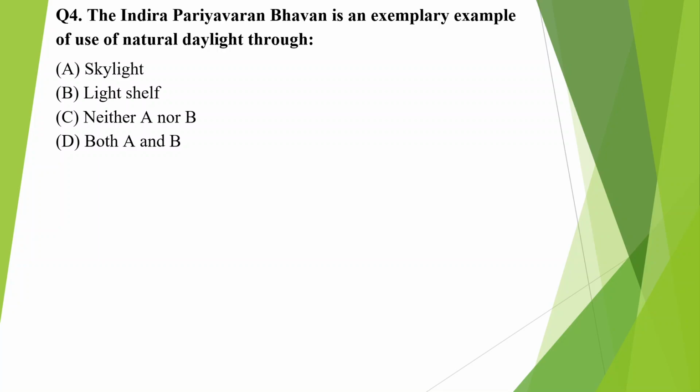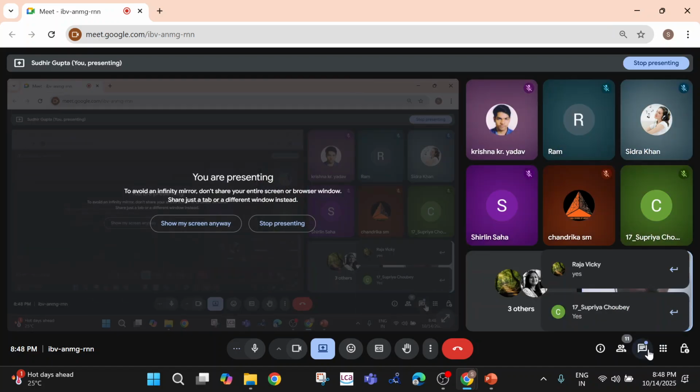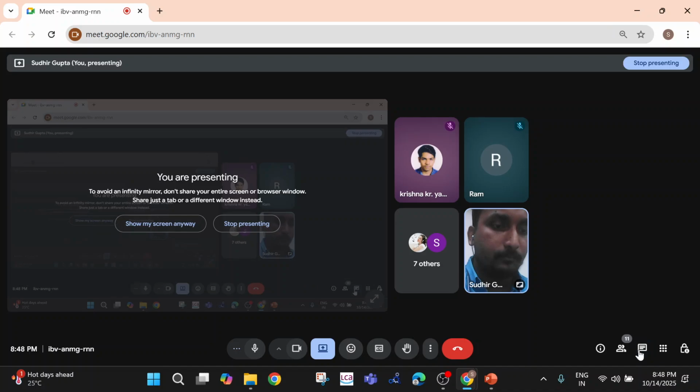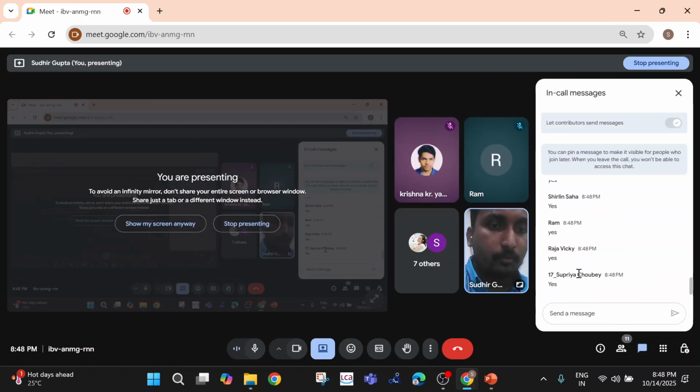If it is clear, type yes in the chat box, and then we will move to the next question. Whoever wants to ask a question can unmute themselves. A lot of participants are there, and yeah, many of you have given your vote.